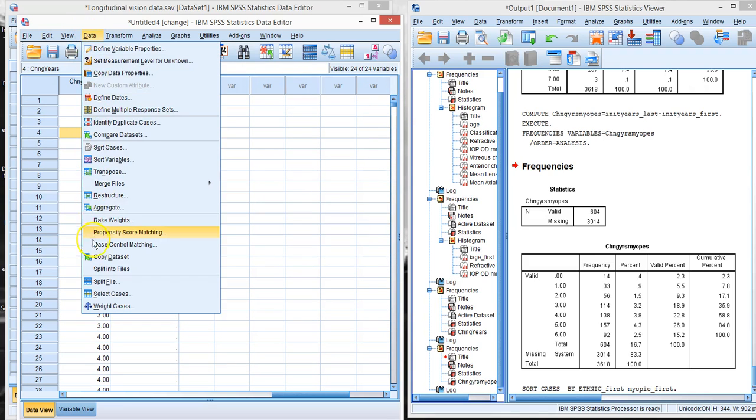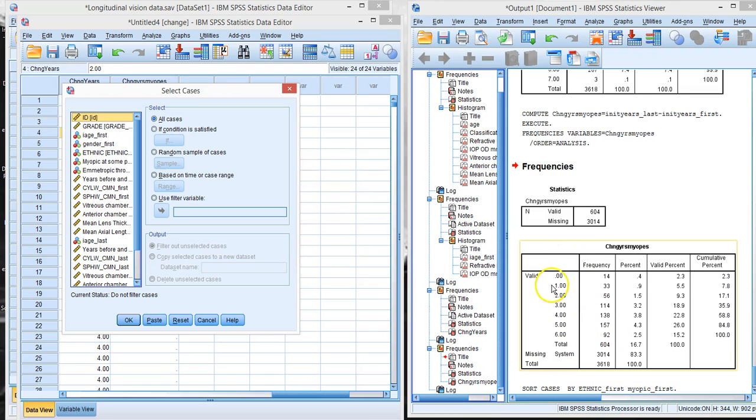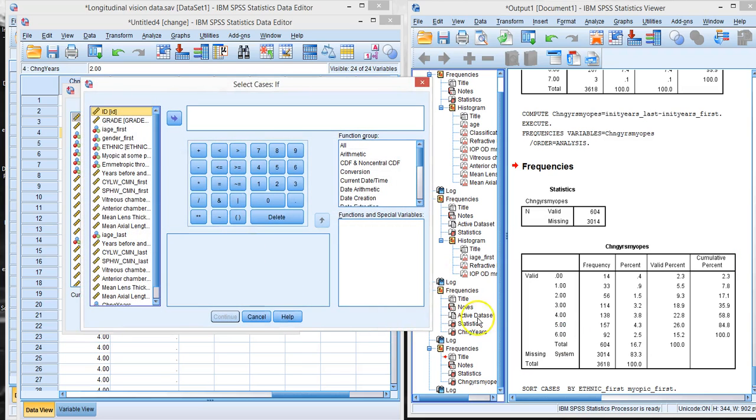So let's also select some cases. Now remember, from our frequency distributions over here, we had people that went from 0 to 6. So let's just do it for initial years.